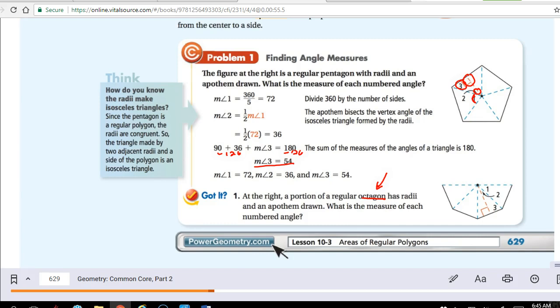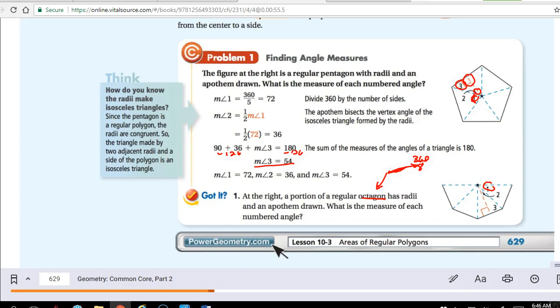Again, angle 1 over here on the side is just like angle 1 was here. It's the whole angle. So if I take 360 and divide that by 8, because that's what an octagon is, 360 divided by 8 ends up being 45.